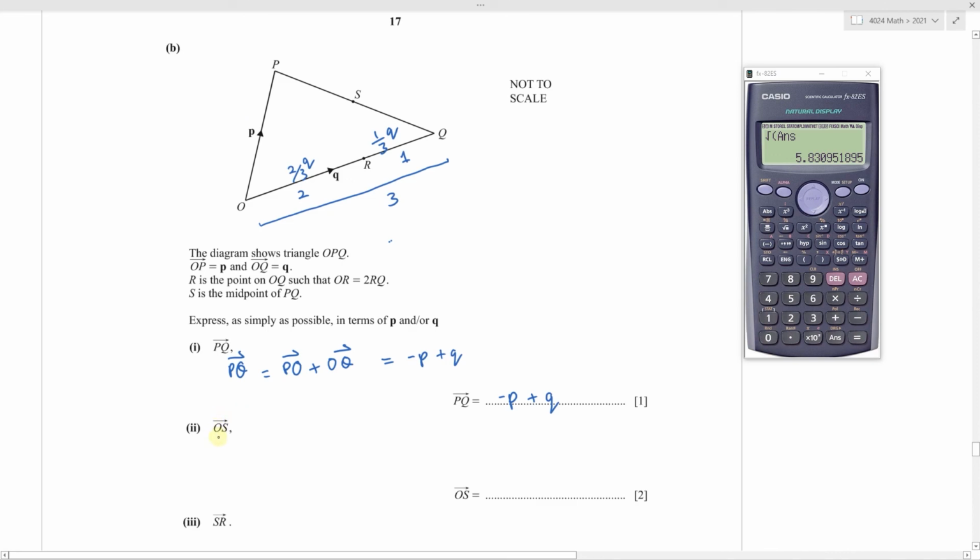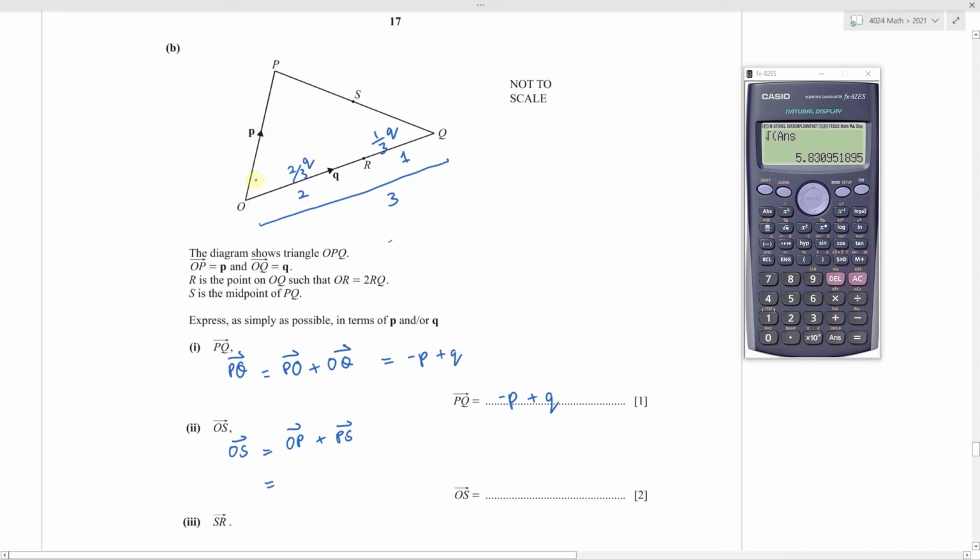The next one is OS. OS is this plus this. So OS would be OP plus PS. This will give you OS. So what is OP?